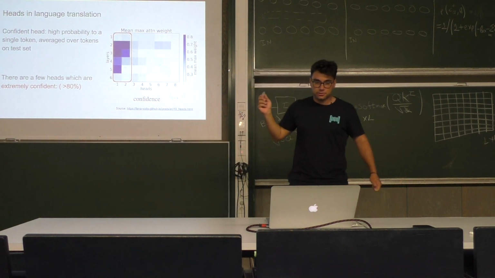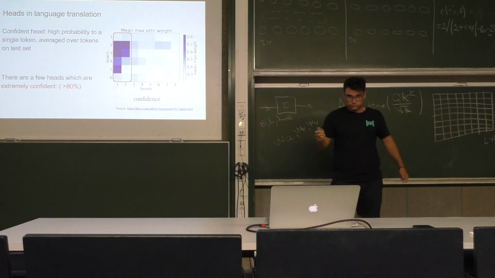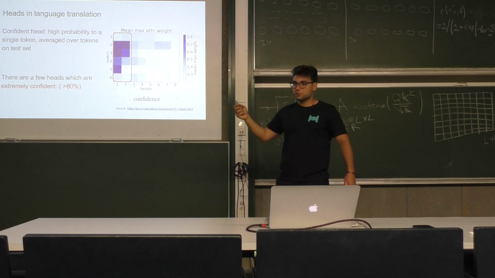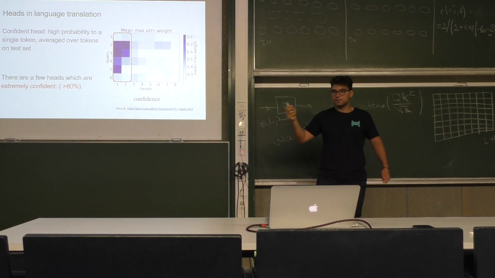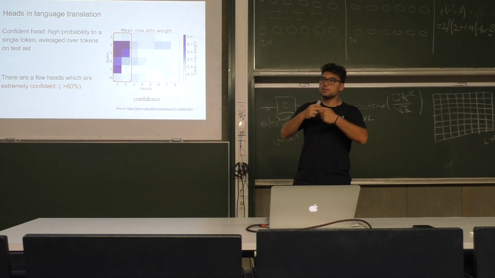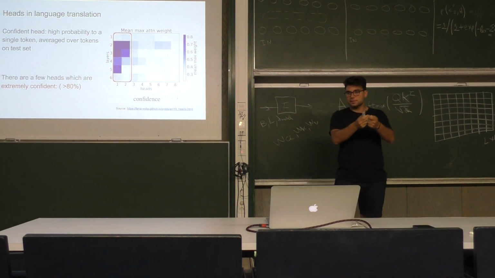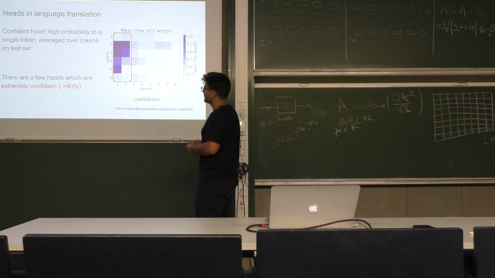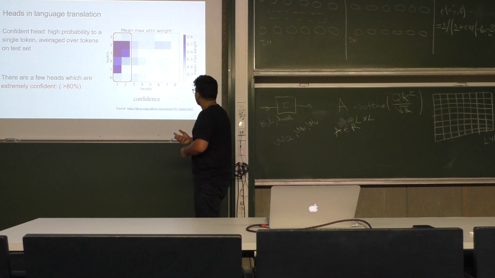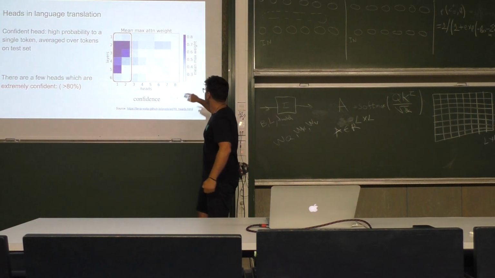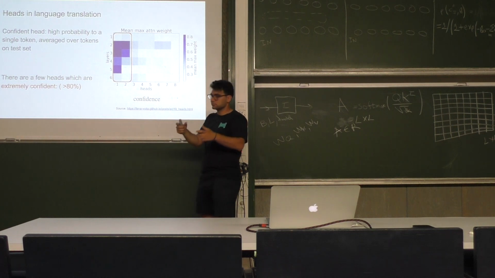Here we measure the confidence, so the maximum attention that each head at each layer assigns to the next token in the sequence or the previous one, it doesn't matter, it's just a way of reference. And then we take the mean over the whole test set. That's why it's called mean max attention weight.